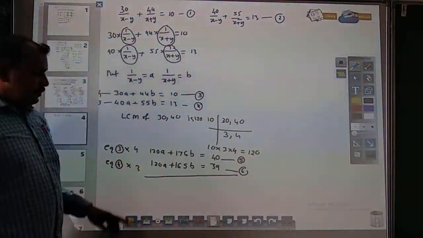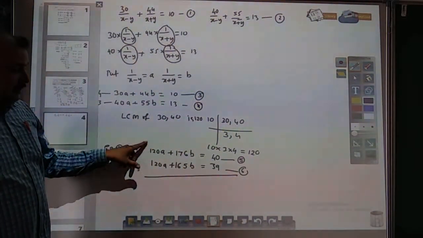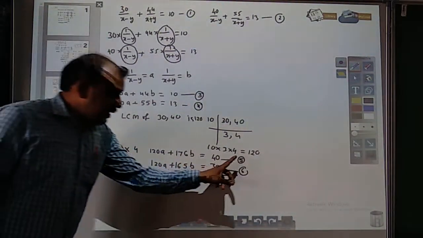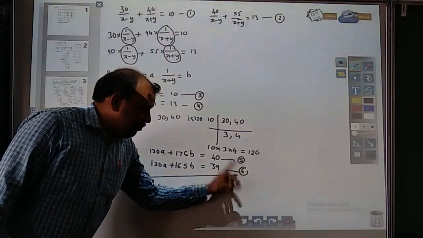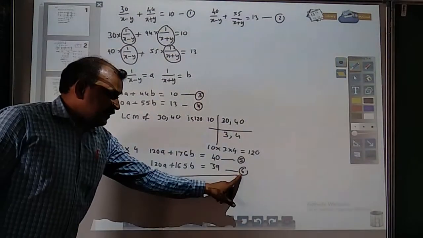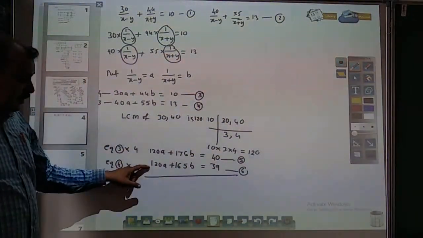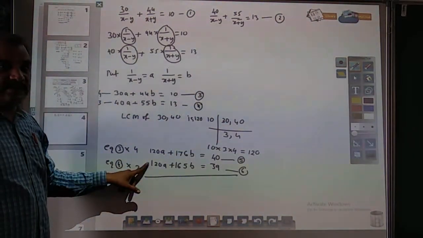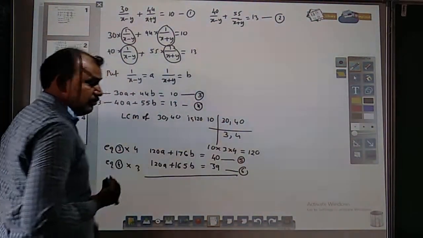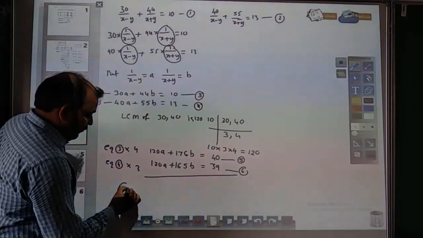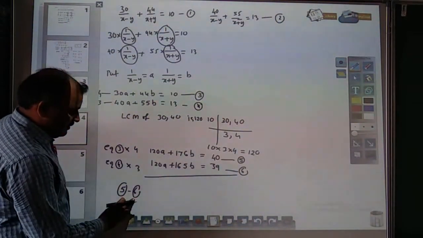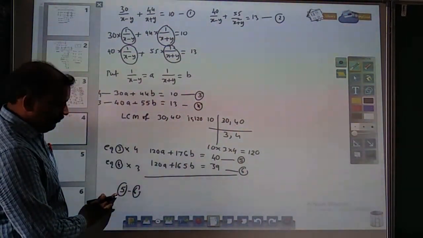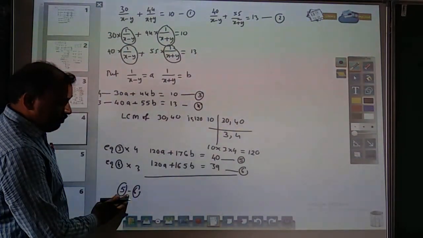Now these two terms are the same terms. If you subtract 5 minus 6, 6 subtracted from 5, then the signs will be changed. Both are having opposite signs. Then you will get B value. Do 5 minus 6. 6 is subtracted from 5, with a minus before 6.